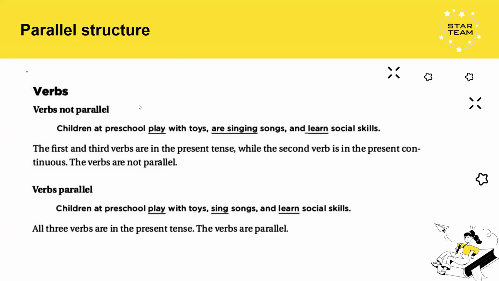Are singing, yes. Because it is present continuous. These two are present simple. Children at preschool play, learn social skills, and singing is present continuous. And it is not correct to use present continuous at the same time with present simple. The first and third verbs are in the present tense, while the second verb is in the present continuous. The verbs are not parallel.